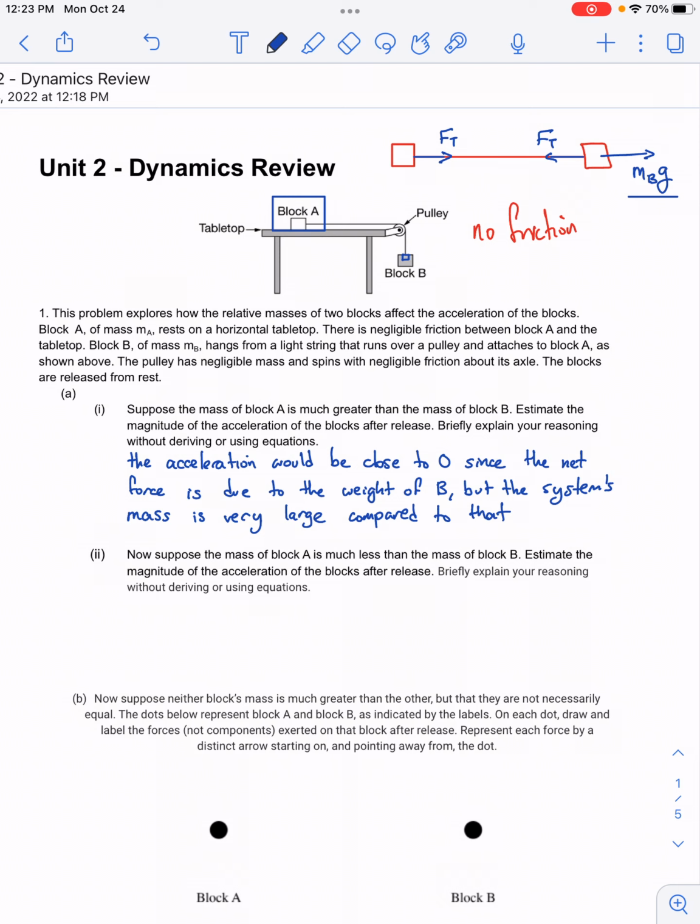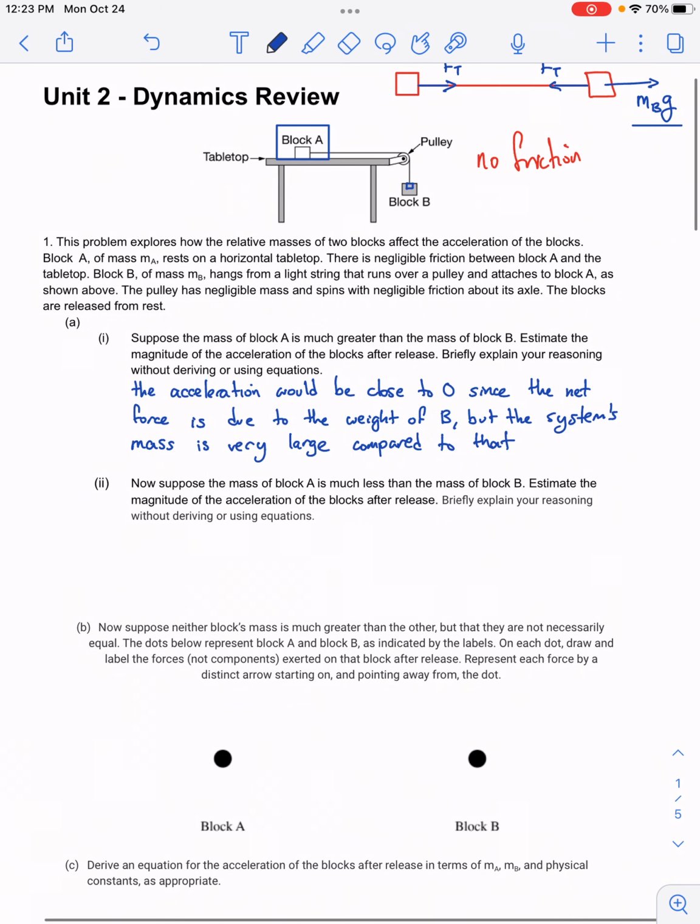We'll get to the equation later, but basically, because there's so much mass in the system and so little of that mass is actually what's causing the motion, the acceleration will be very small, basically close to 0.